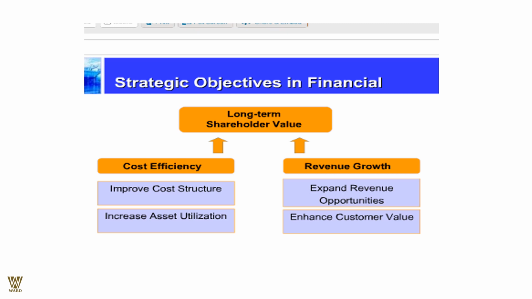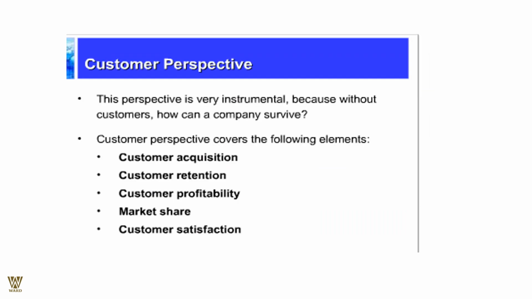We talk about these strategic objectives in financial, long-term shareholder value. Cost efficiency is to improve cost structures and increase asset utilization. Revenue growth is to expand revenue opportunities and enhance value, economic value added. This is what we are talking about as the financial objective.